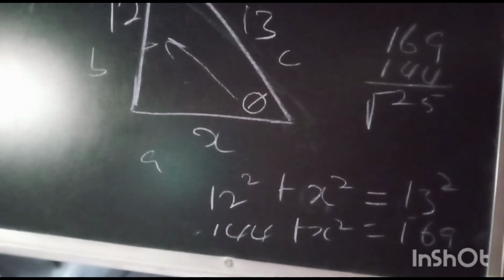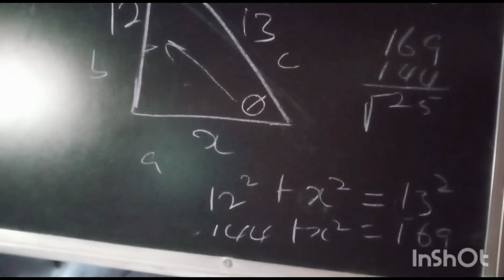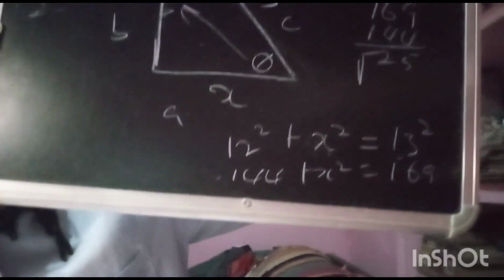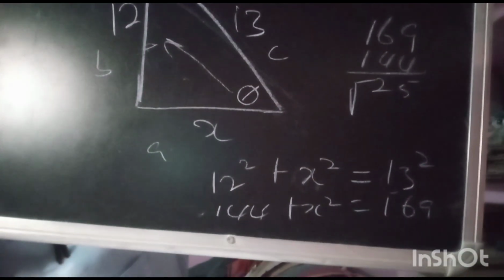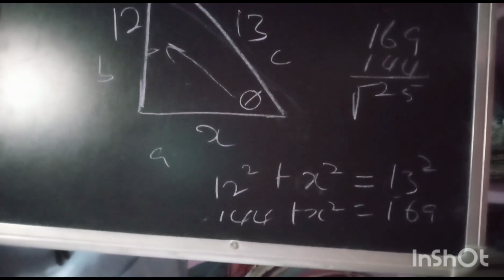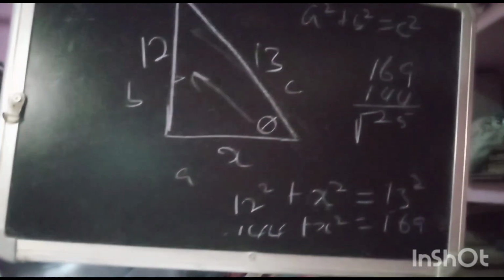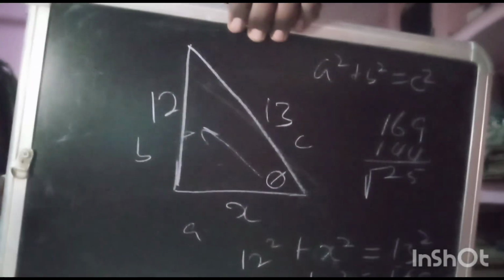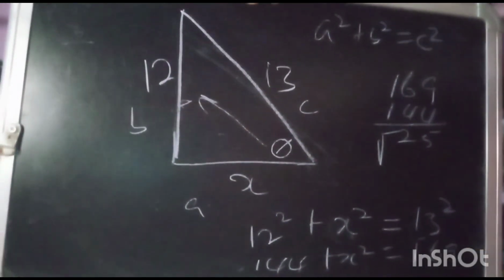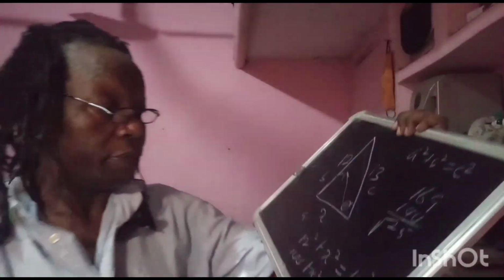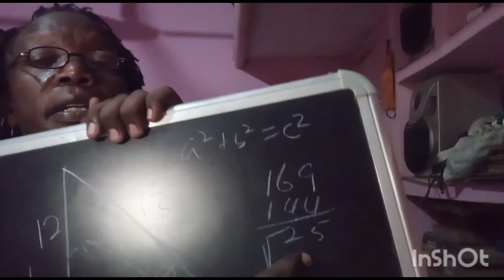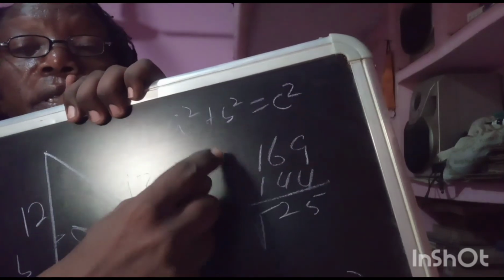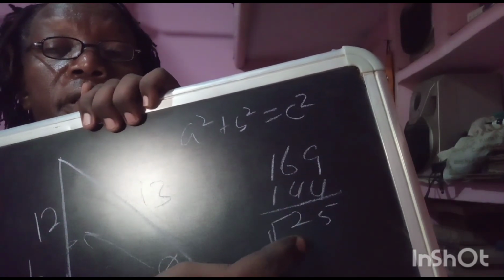Now I've done the substitution, the maths, right? 169 subtract 144 and isolate x squared. Actually, I've already done it here. 169 minus 144 gives you 25.